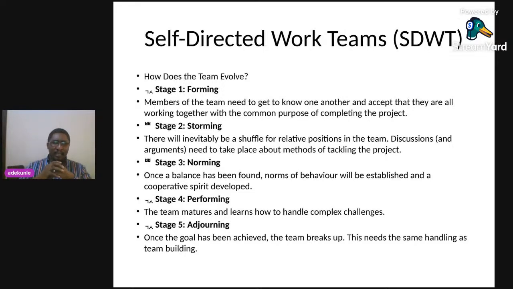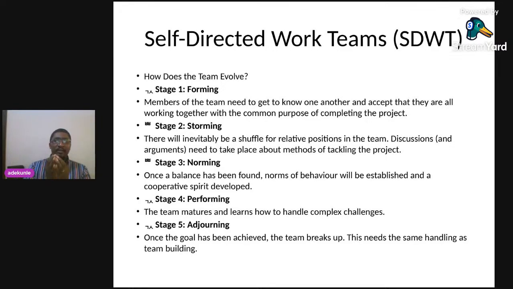Storming is a way of shuffling their positions, and people discuss within themselves, and sometimes that discussion could be argument, in order to find the best way of tackling the project or the challenge at hand.